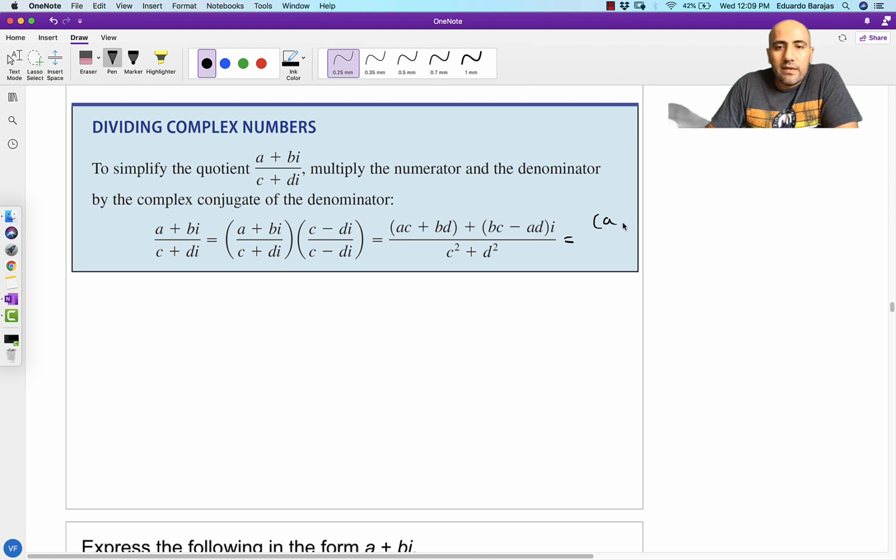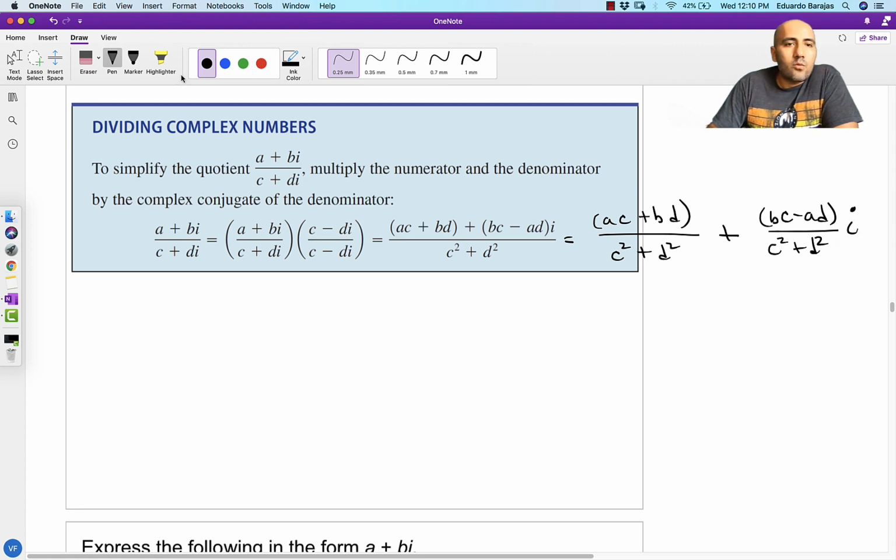One will be ac plus bd divided by c squared plus d squared, plus, and then this one will be bc minus ad divided by c squared plus d squared, times i. And so we'll be able to rewrite this once the numbers a, b, c, d are provided. This is just arithmetic.